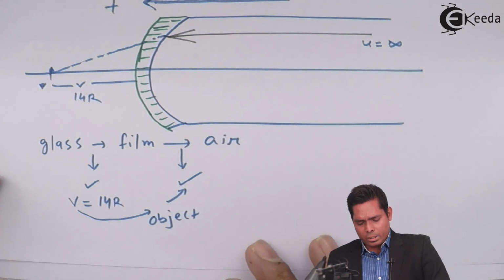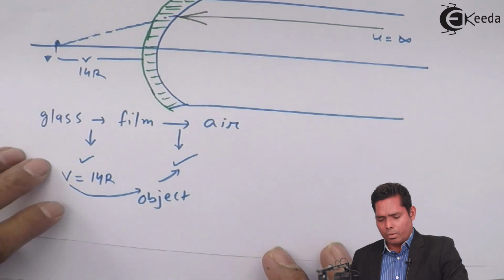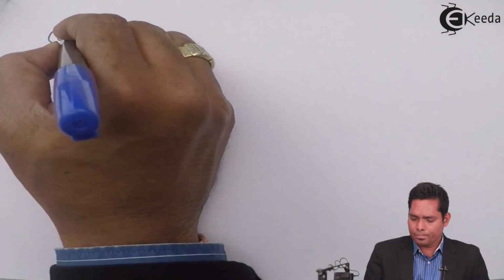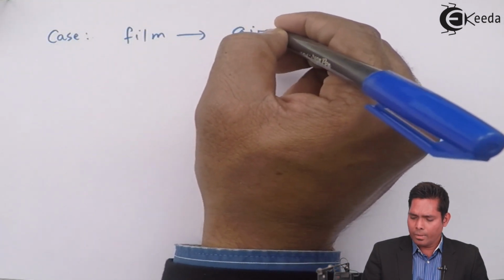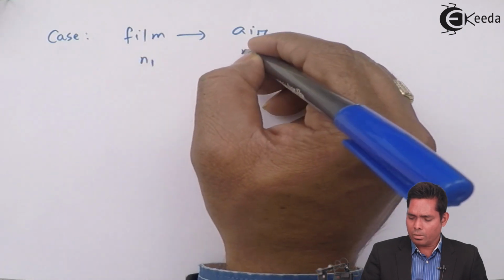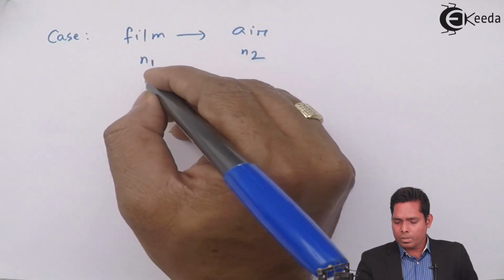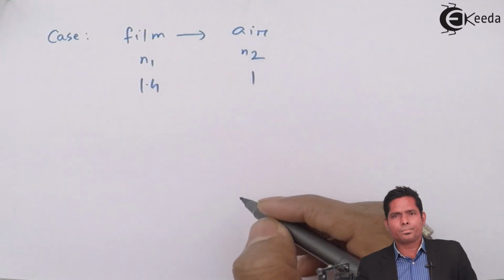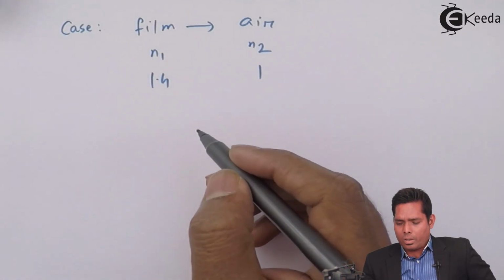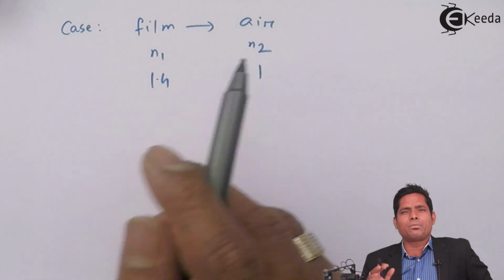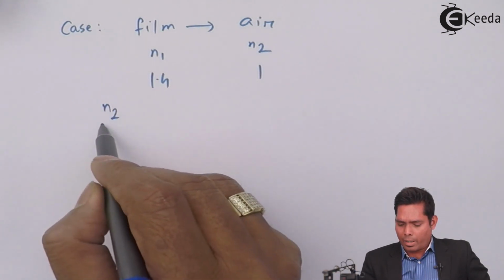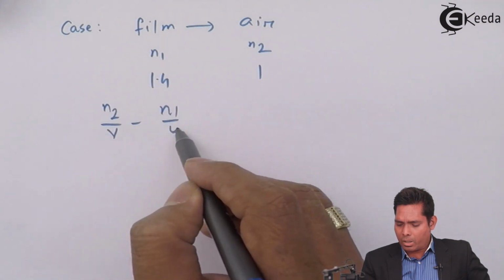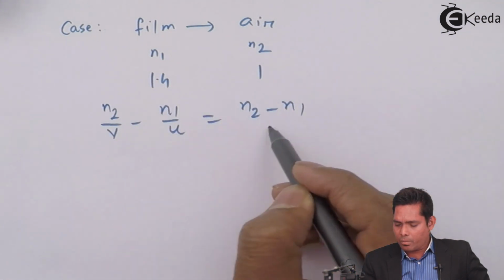So if I apply the formula once more, my ray is traveling from film to air. So here my N1, my film is 1.4, and N2, this air, is 1. Now I apply the same formula, n2 by v minus n1 by u equals to n2 minus n1 by r.